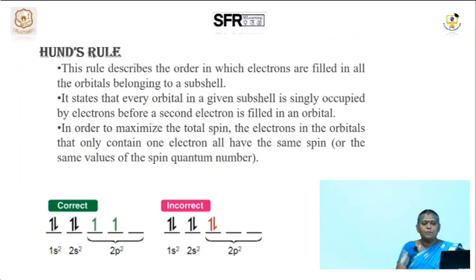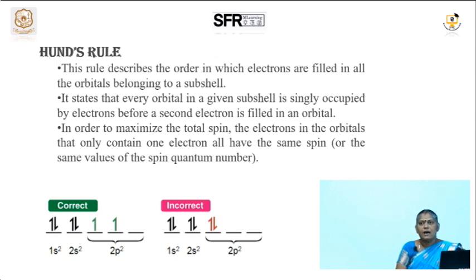The third important rule is Hund's rule of maximum multiplicity. This rule describes the order in which the electrons are filled in the orbitals belonging to a subshell. It states that every orbital in a given subshell is singly occupied by electrons before a second electron is filled in the orbital.